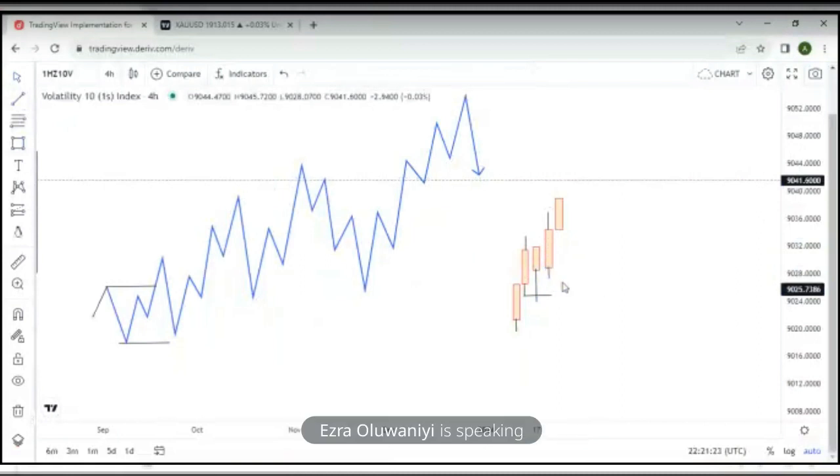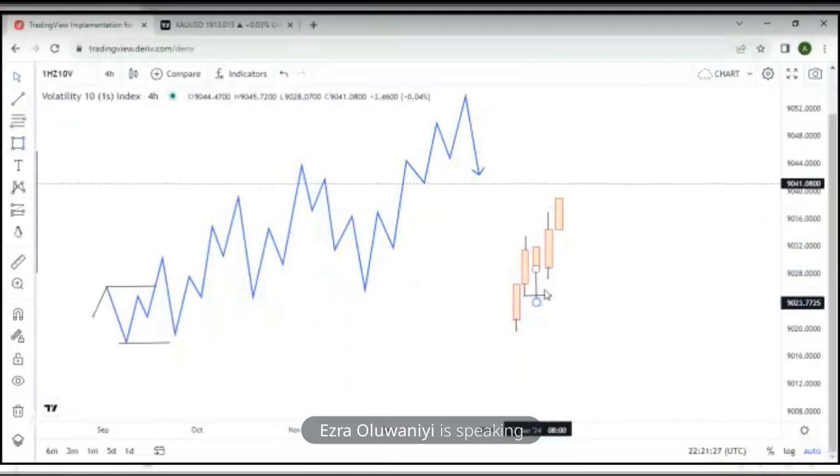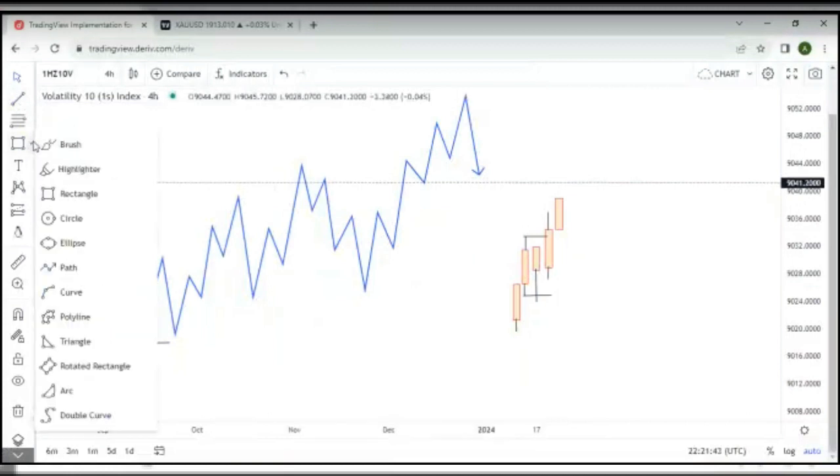So the major summary is about the most recent pullback, the pullback before structure breaks above. Let's say structure broke around here. Let me make a sketch so that we can understand what I'm talking about.